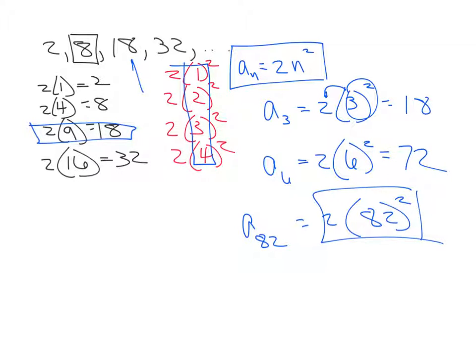Let's look at example 6. So example 6 is find the general term for the sequence. So we start with a 2, and then we get 4/27, 5/64, and then that goes on and on and on.